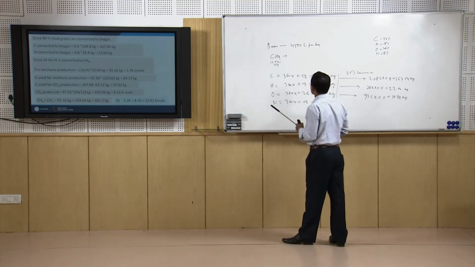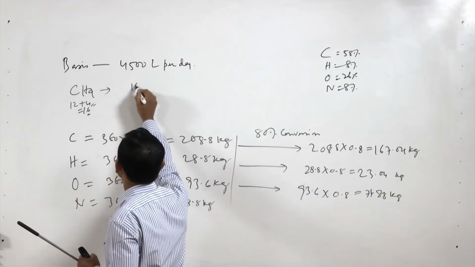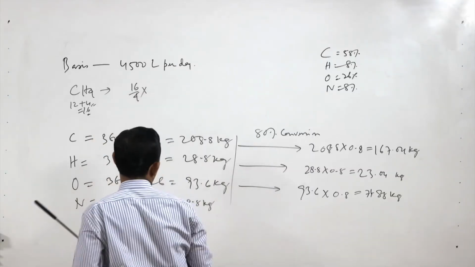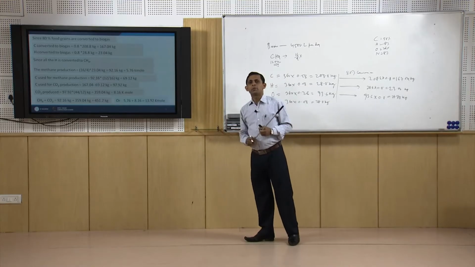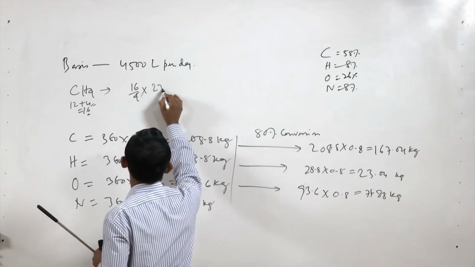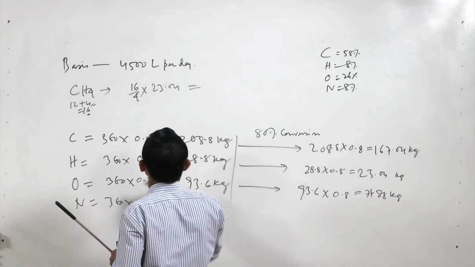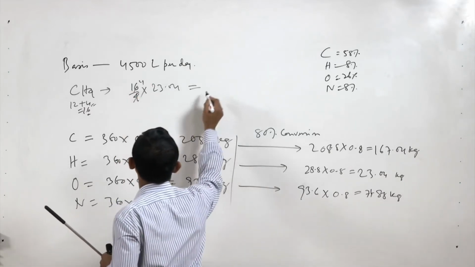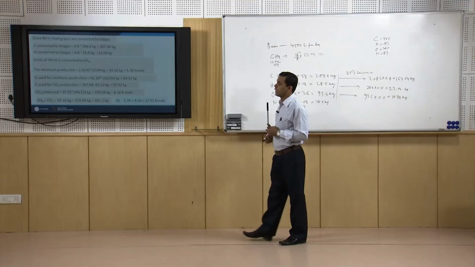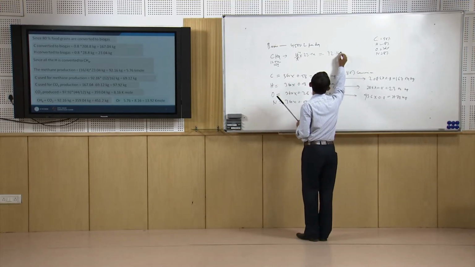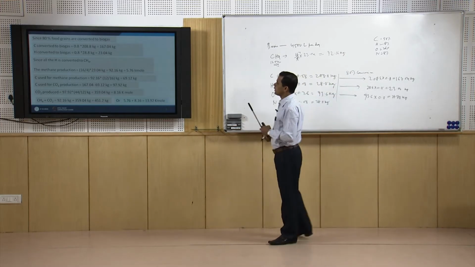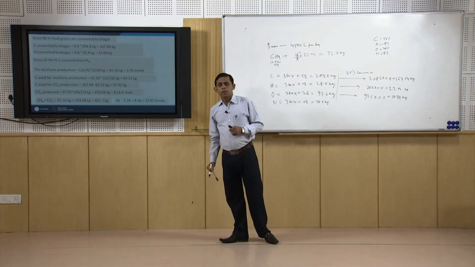So, how much methane is produced? 16 divided by 4 into 23.04, that is equal to 92.16 kg.